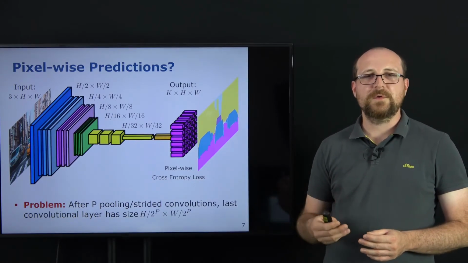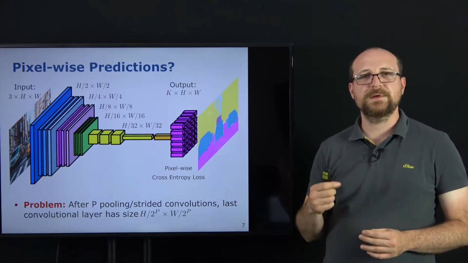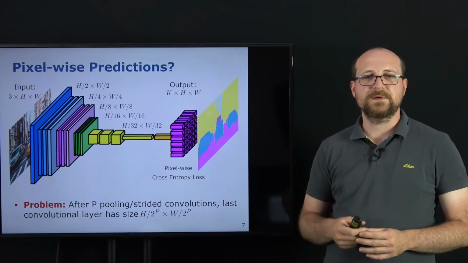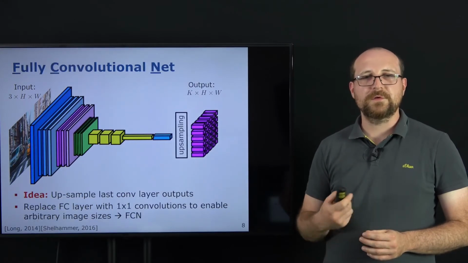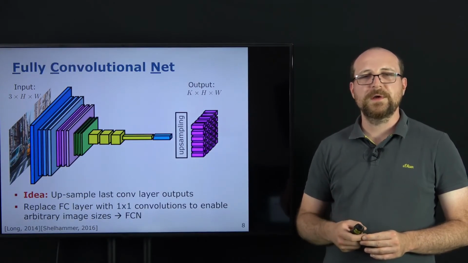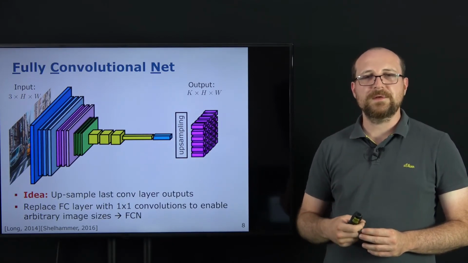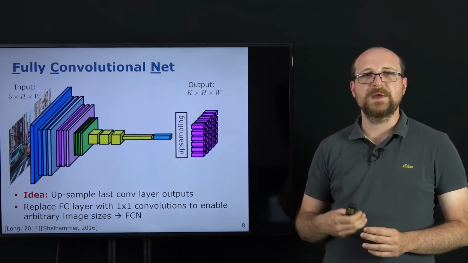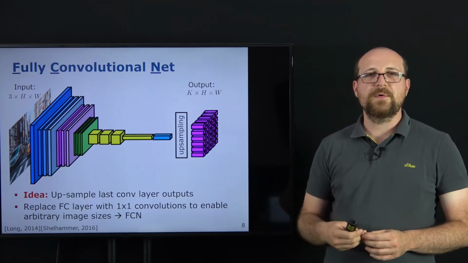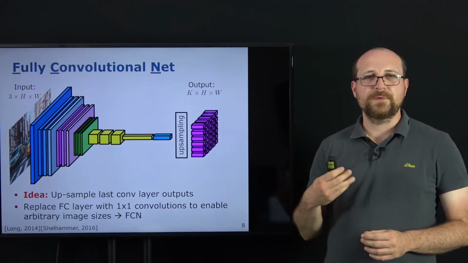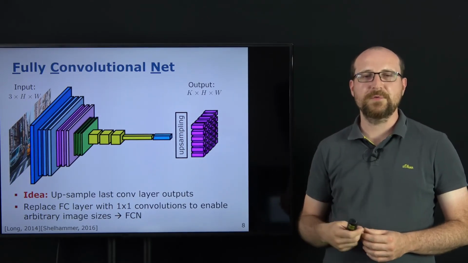Because we not only want the classification scores for the small feature map, but for each pixel. For this, the so-called fully convolutional neural network proposed to do an upsampling in the end. So we are doing again the same as with image classification: we have our normal backbone of convolutions, reducing the feature map size in between with strided convolutions or max pooling operations.